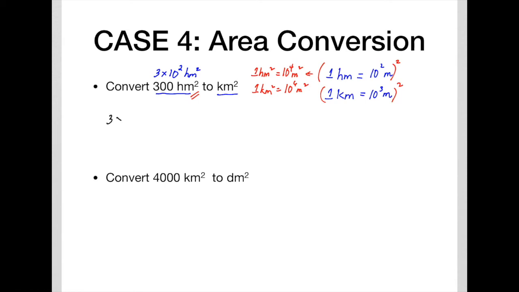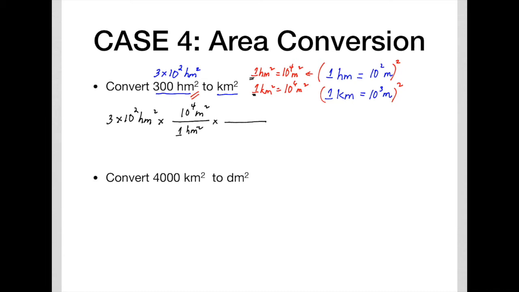We have 3 times 10 raised to 2 hectometer square times, we're gonna underline it, okay, and then 1 hectometer square, and then we have 10 raised to 4 meter square times.